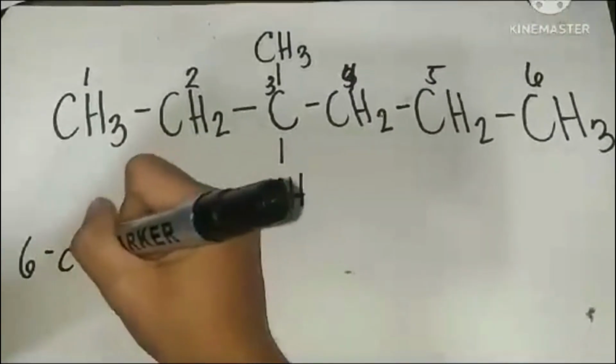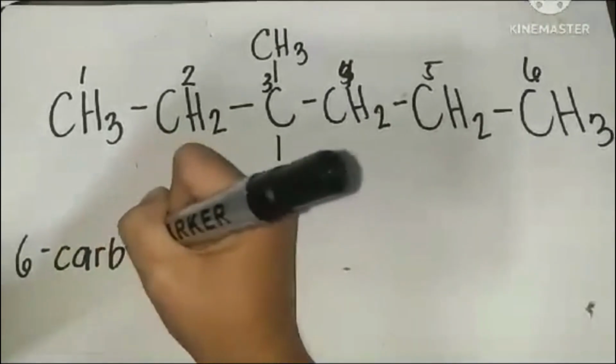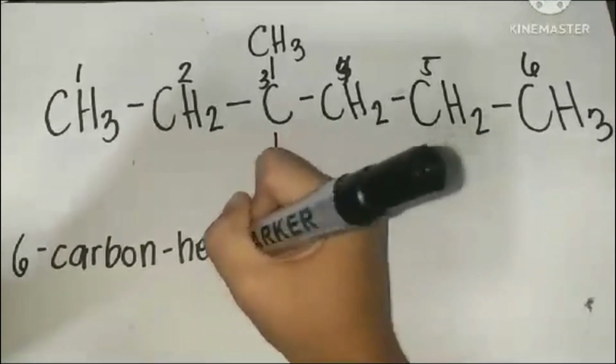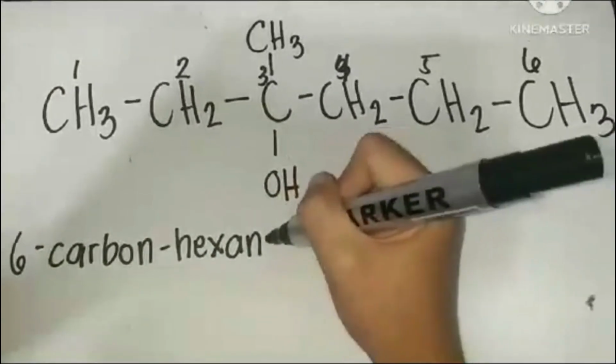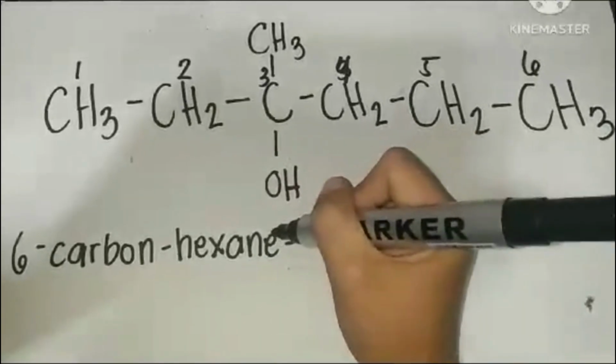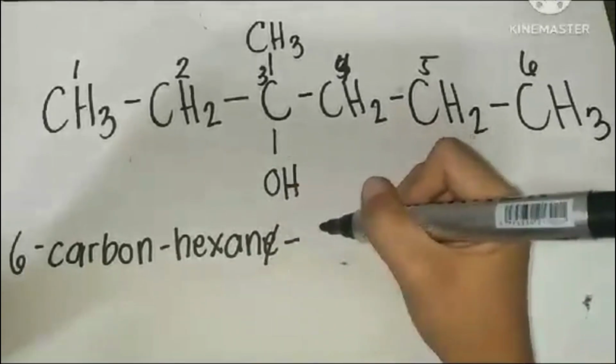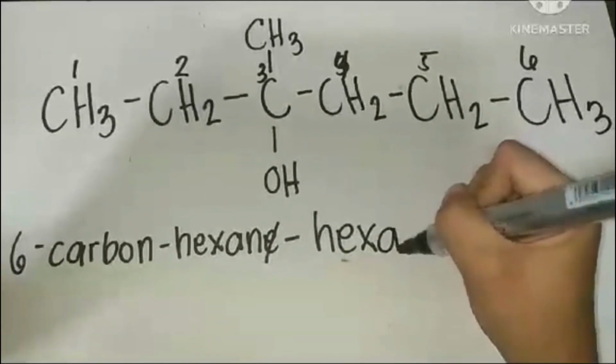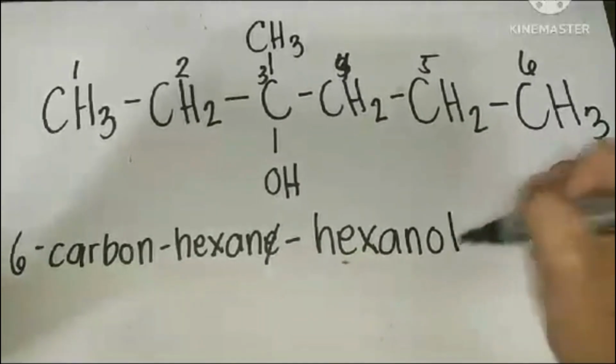So 6 carbons, and 6 carbons means hex, or hexane since it is a single bond. And since it is an alcohol we will cancel the E and exchange it to OL to become hexanol.